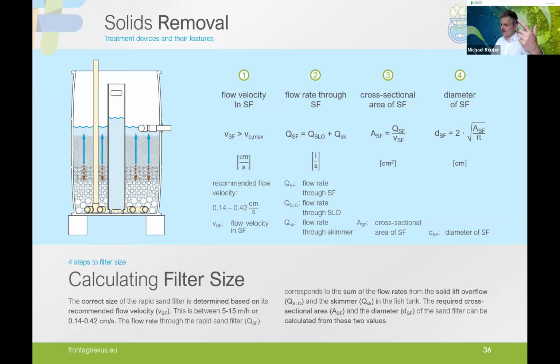So we will again have the complete flow that goes into the fish tank that goes through the sand filter. And then from these two values, desired flow velocity and total flow rate through the fish tank, we can again calculate the needed cross-sectional area of our sand filter.